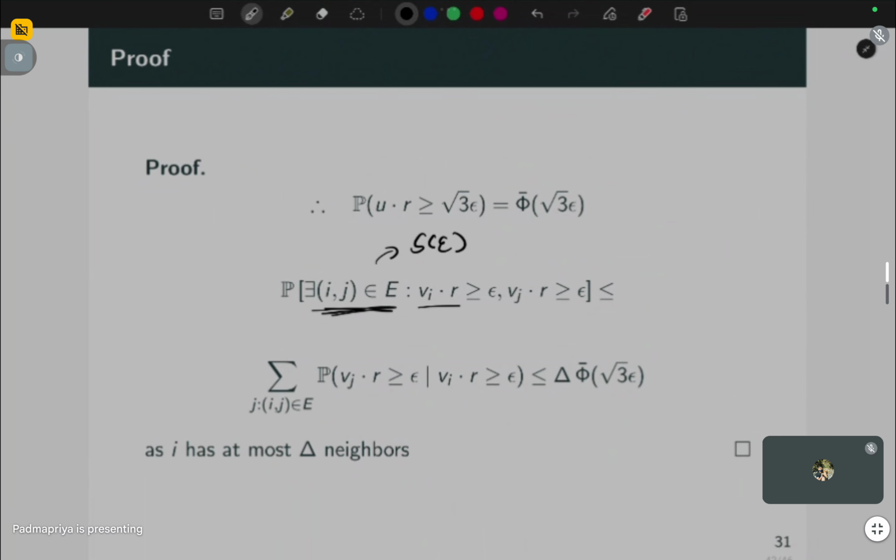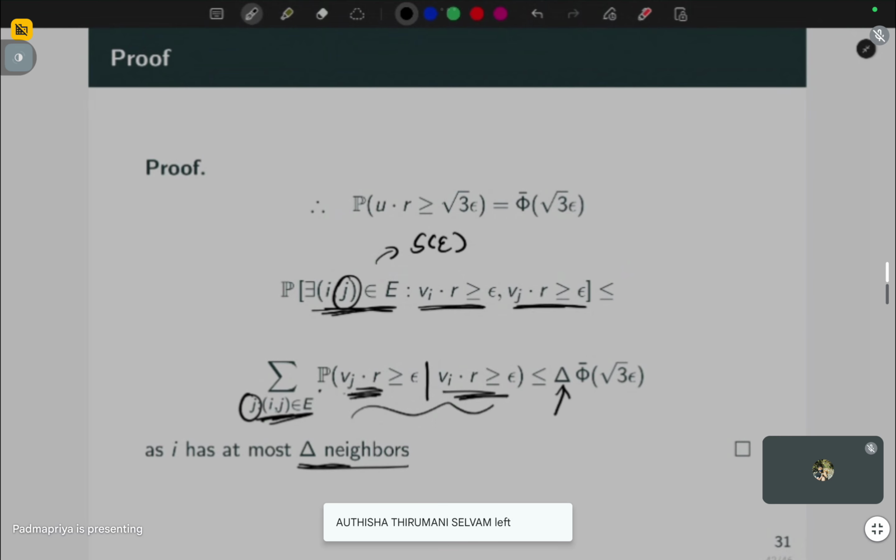When will this happen? When both of these vectors satisfy this condition, it is going to be equal to the probability of Vj times r such that Vi times r, and this condition. We are looking for every neighbor of j, because at most j can have delta many neighbors, this delta comes.